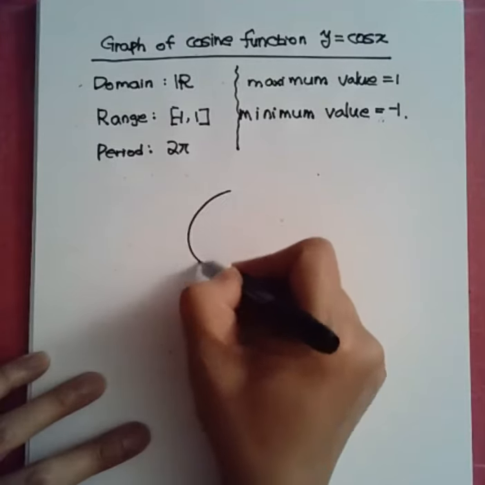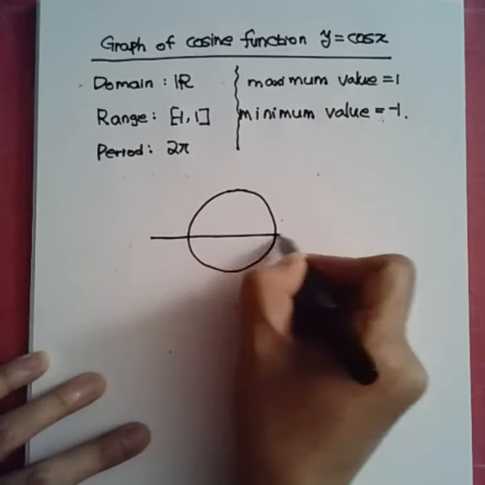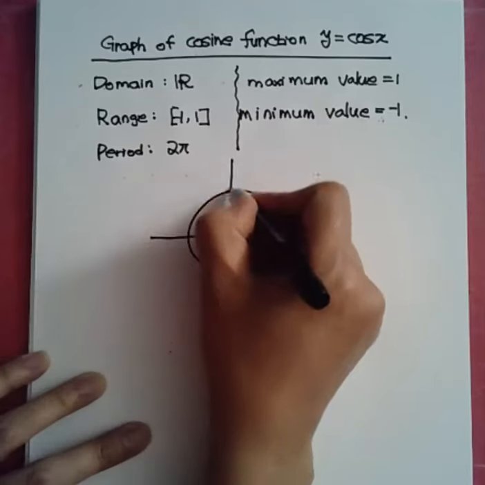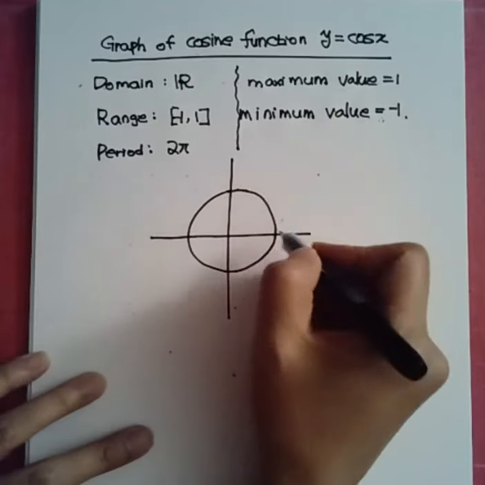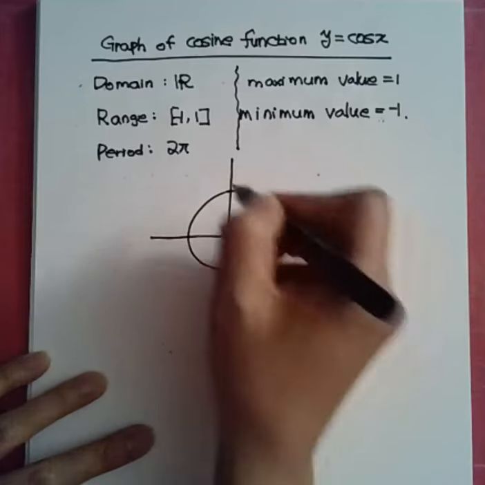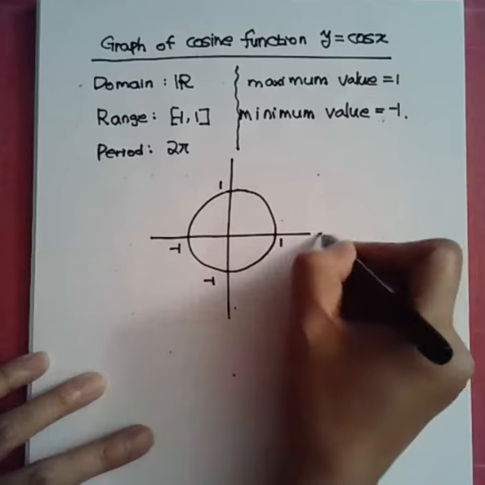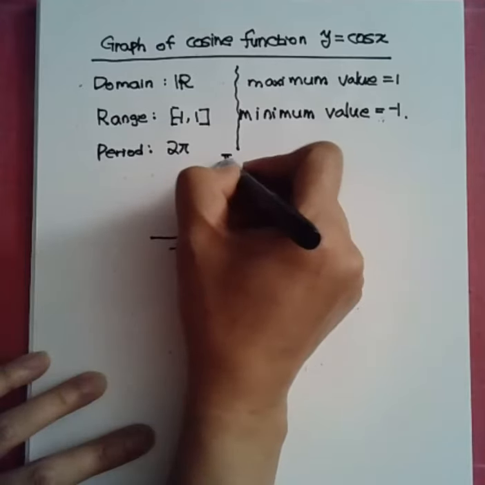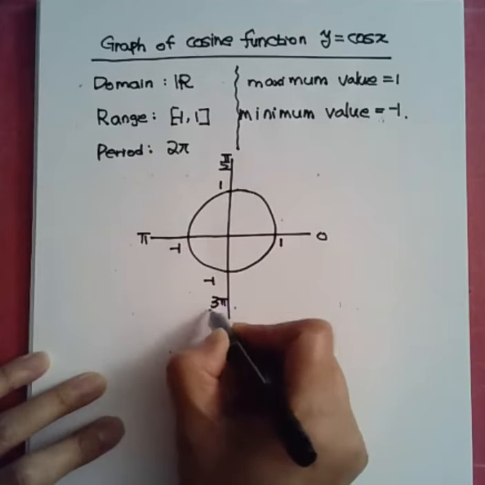Let's consider the unit circle again. We will do exactly the same thing, focusing on the x value to define the sine cosine function. This is 0, this is pi over 2, this is pi, and this is 3 pi over 2.